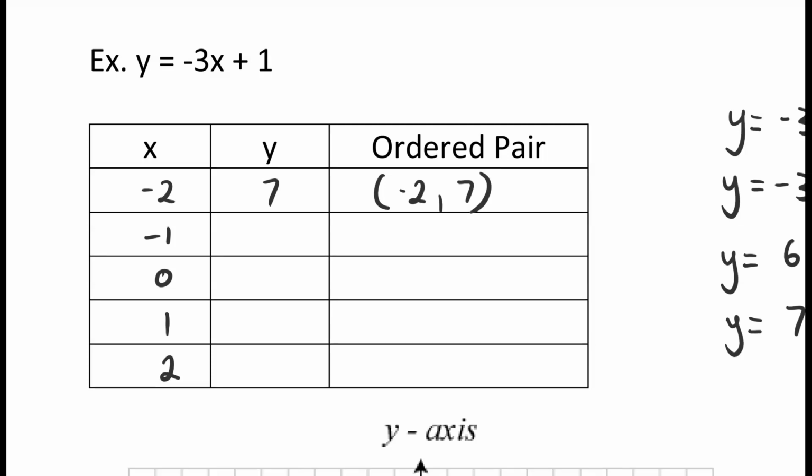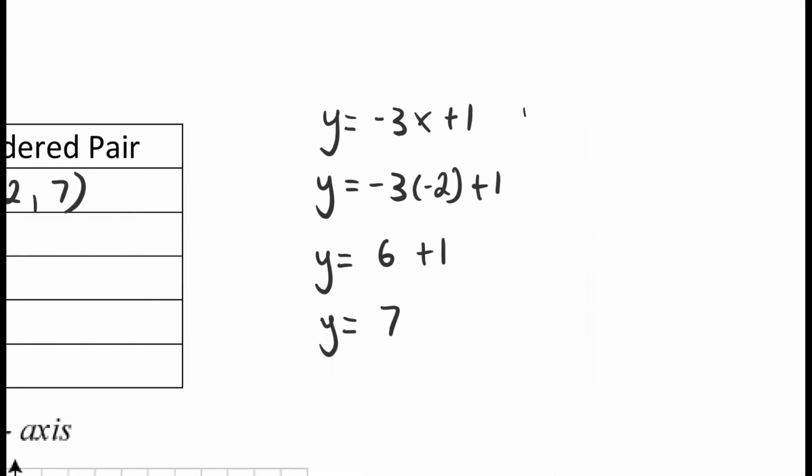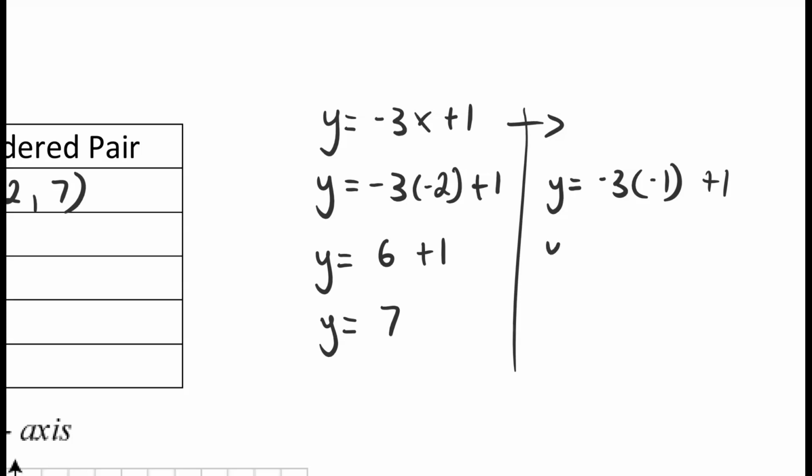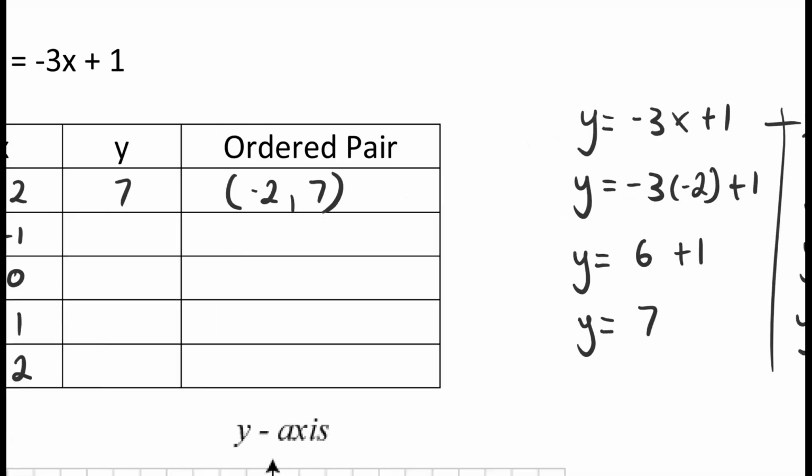Next one, we're going to have negative 1 as our value for x. Same equation, y equals negative 3 multiplied by negative 1 plus 1. Y equals, negative times a negative is a positive, so positive 3 plus 1. Y equals 4.